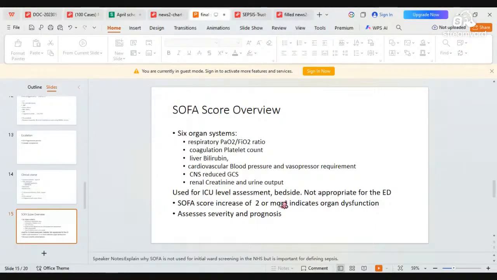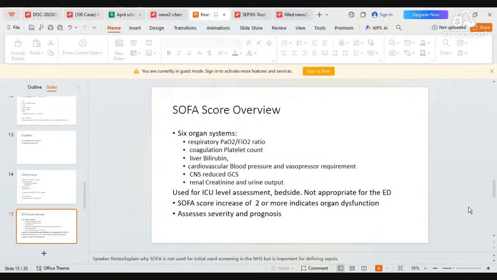It may take some time, and if you have an increase of 2 or more in the score, then it indicates that there's organ dysfunction. So basically, SOFA is used to assess severity and prognosis of a patient with sepsis.